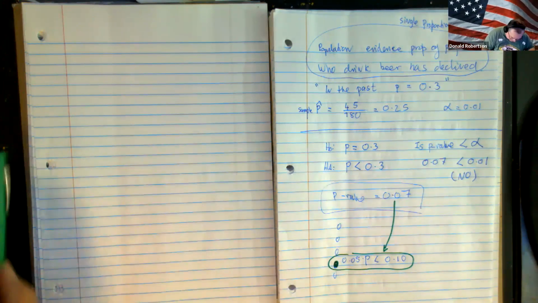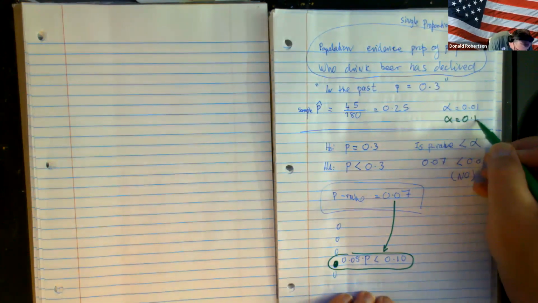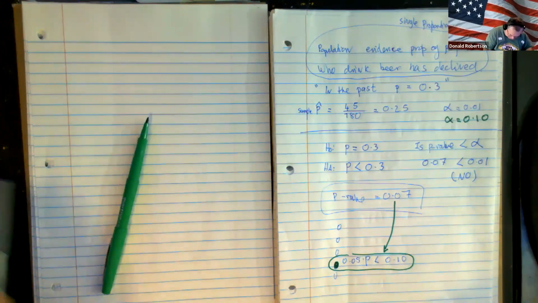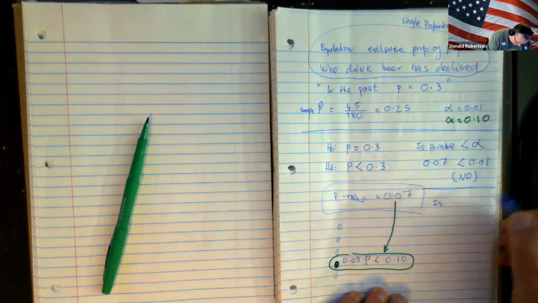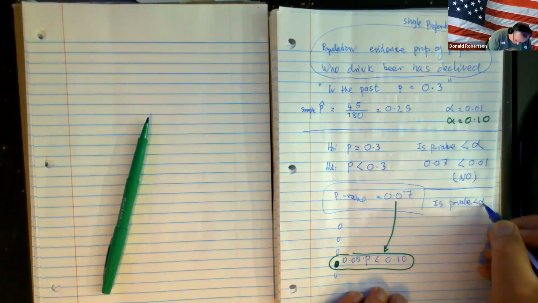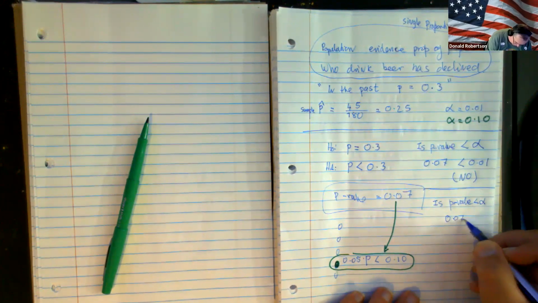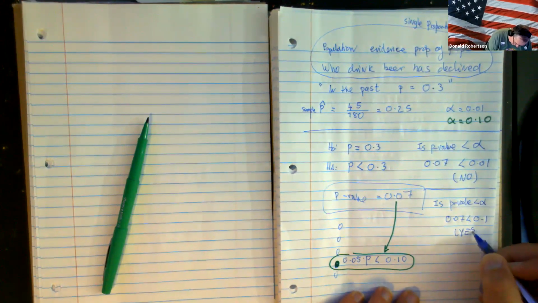Now, suppose the question was exactly the same with one alteration. Suppose the significance level was 0.1. Then when you ask is the p-value less than alpha, you will be asking is 0.07 less than 0.1, only this time it would be yes.